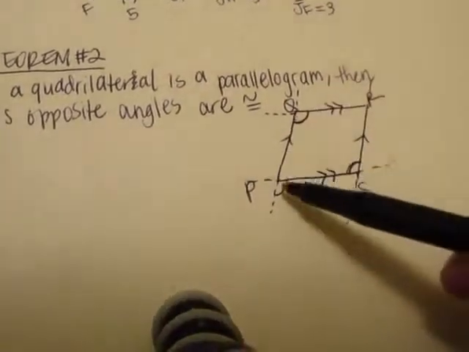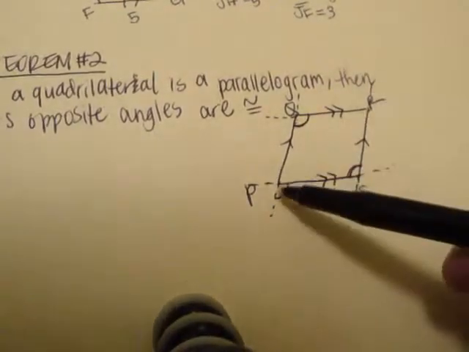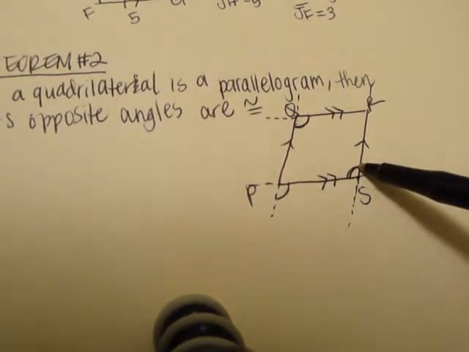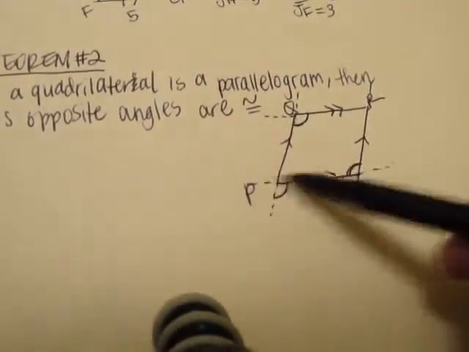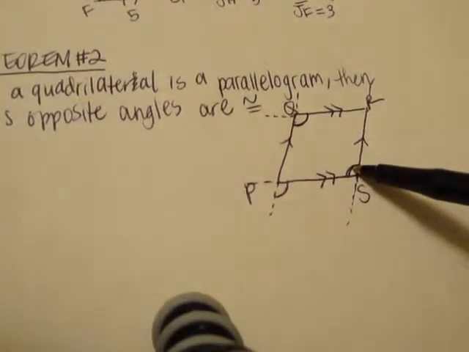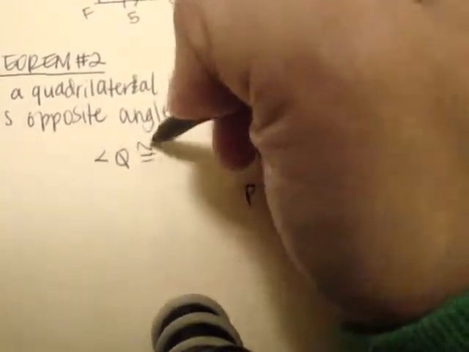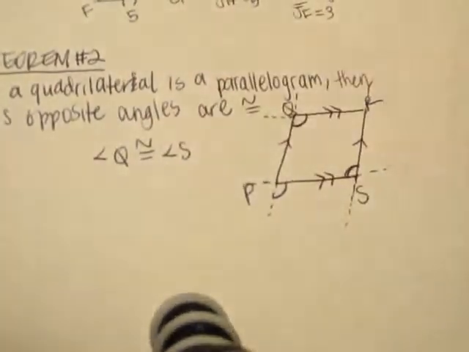And we're also told that the alternate interior angles, given that these are parallel lines and this is the transversal, are also equal. And so therefore Q and S are equal to each other. So angle Q is congruent to angle S.